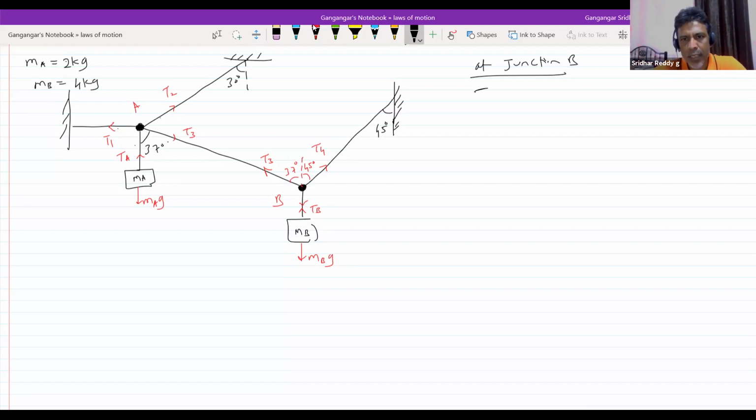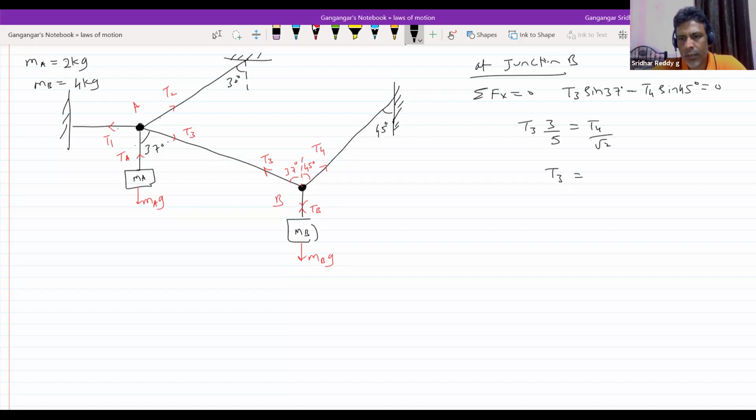At junction B, net force along x-axis on the system should be 0. So T3 sine 37 minus T4 sine 45 should be equal to 0. So T3 times sine 37, 3 by 5, equals T4 by root 2.